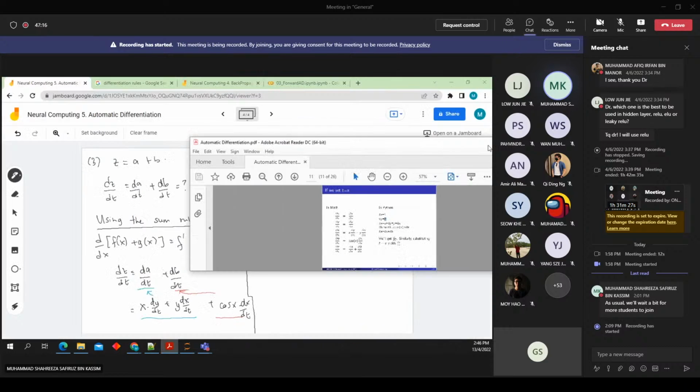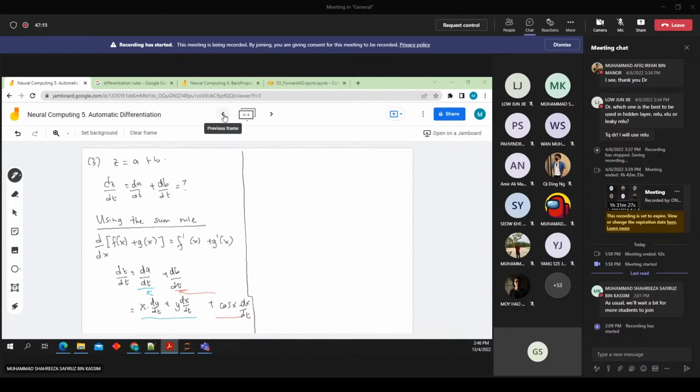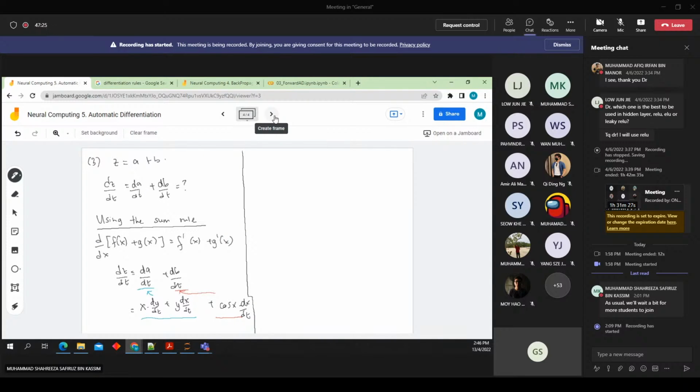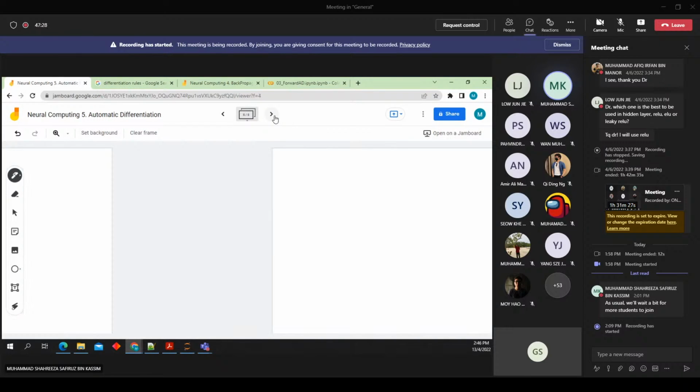So if we go back here, what is the computation functions? I'll draw this again. So you have sine here. So b equals sine of x, right?